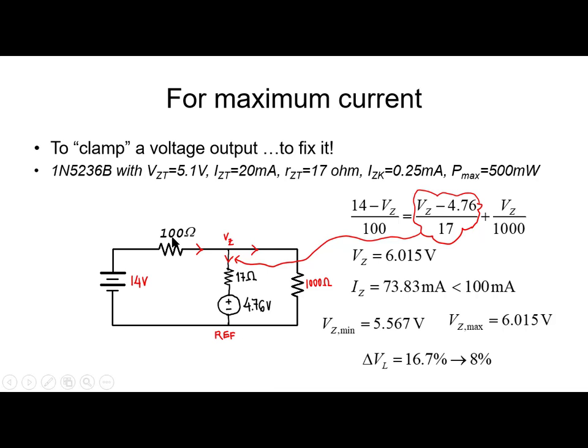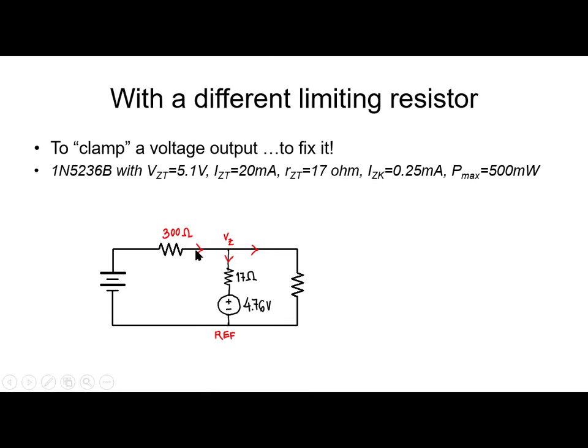Let's increase the value of that resistor that limits the current in the diode to see if we can get a smaller ripple at the load. 300 ohms. And we do exactly the same operations as before. We get the voltage oscillates now between 4.9 and 5.2 volts.